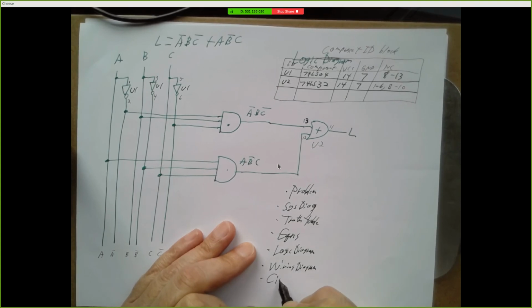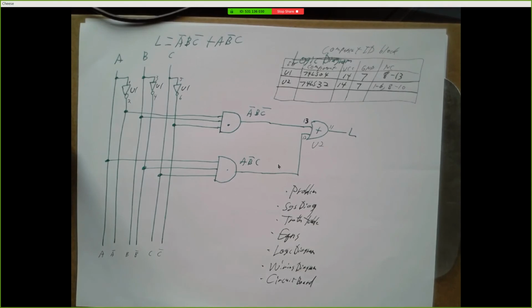And then there's the actual circuit board. If you were physically building this, you would actually pull out the parts and put it together. And then there's the testing. And once the testing is approved and it passes all the tests, you're done. You're ready to ship to your customer or demonstrate to your teacher or whatever.